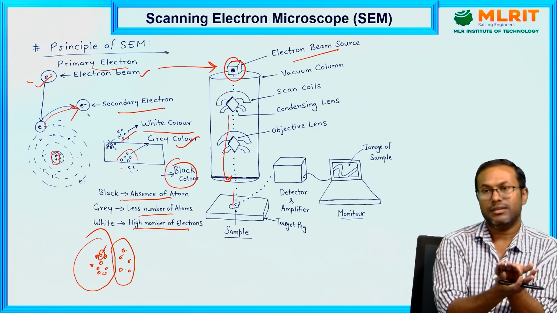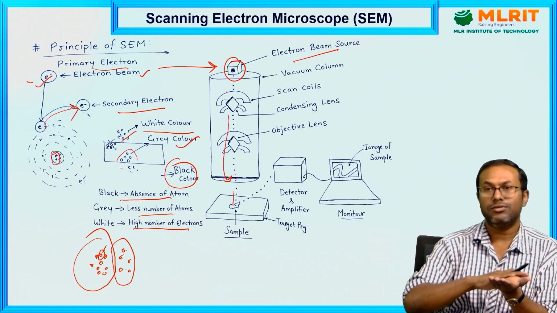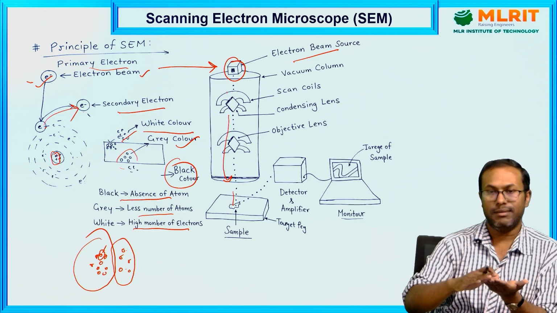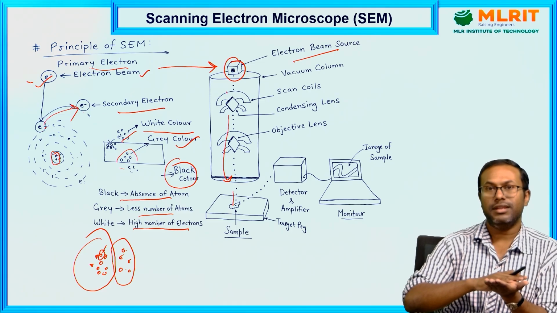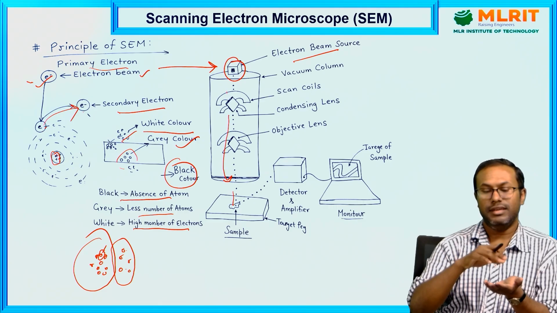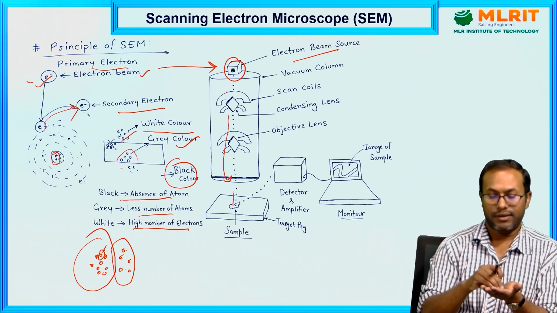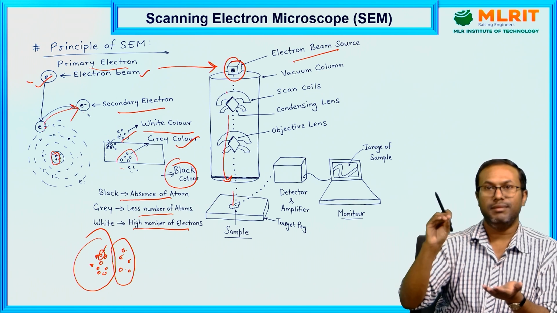Similarly, in the scanning electron microscope, the sample is not scanned at a single time. It is not very quick. It continuously scans each and every point of the sample, and slowly it creates the image of that sample.